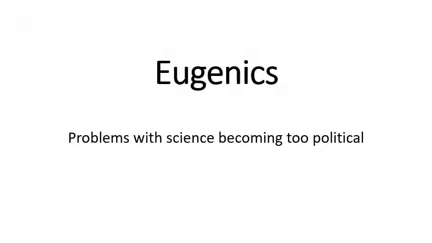eugenics, which is a bizarre scientific movement that appeared in the 30s, and the 30s was about the time that we started to realize how genes work. Right? So genetics became something that the average person, these days everyone knows what a gene is and what genetics is, but the average person didn't really know that prior to the 20s or 30s.